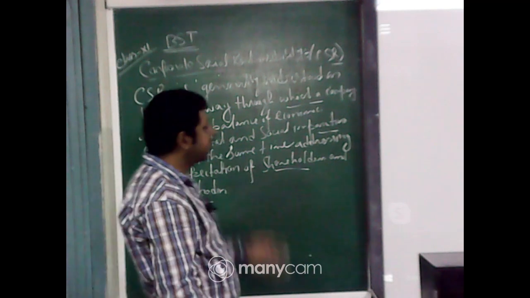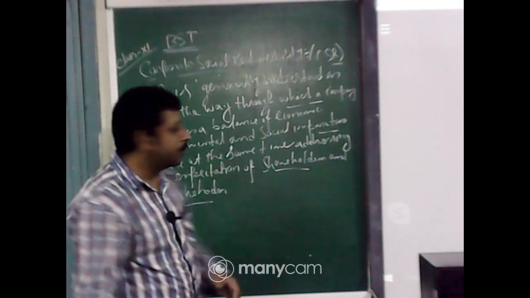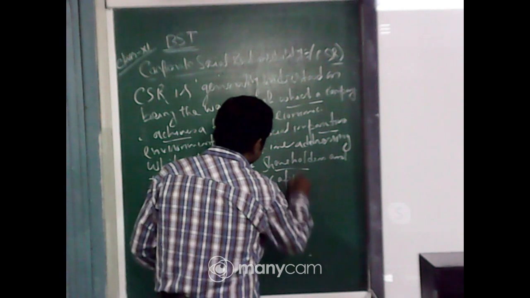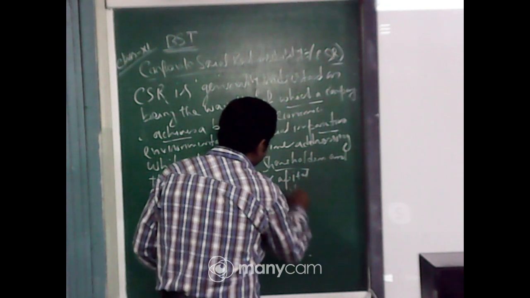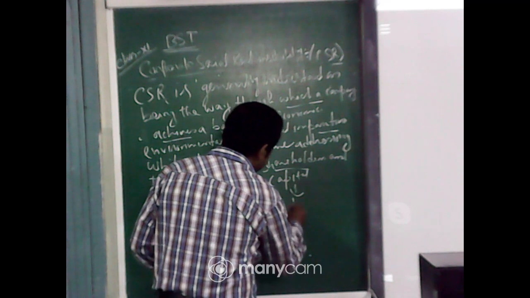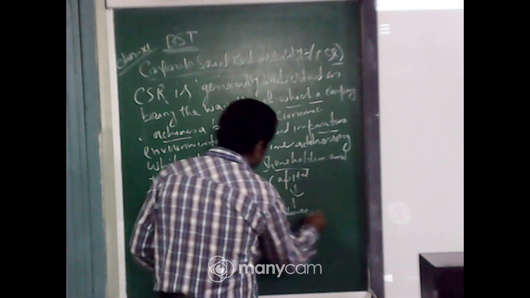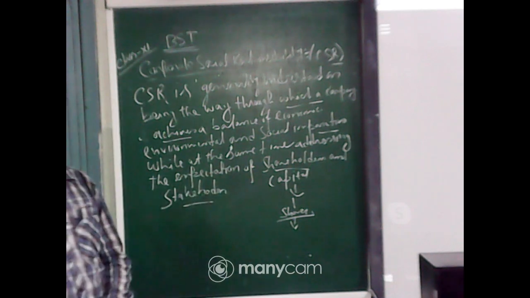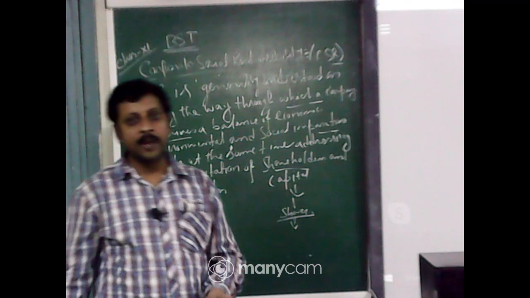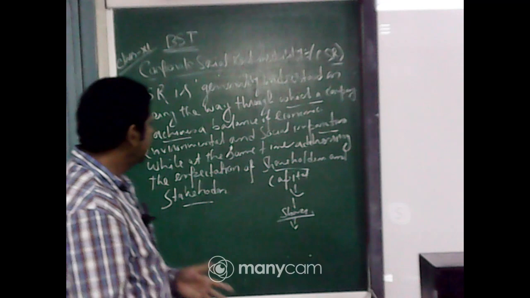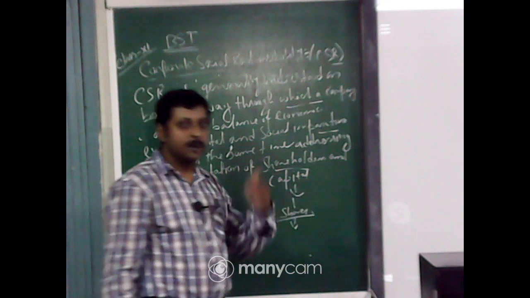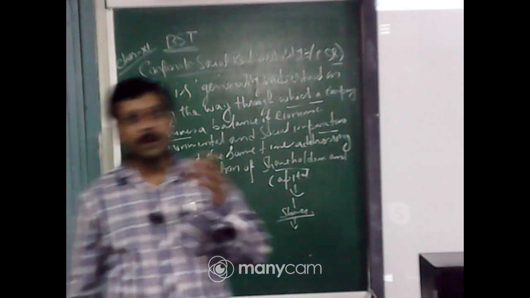Shareholders mean, who are shareholders? In a company there is a capital, and we divide this capital into different parts, and these parts we call shares. And who buys your shares? They invest in your company, so you should look after shareholders also, so that you can give them a reasonable return.